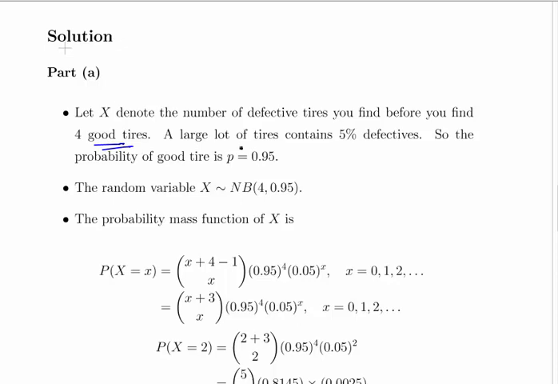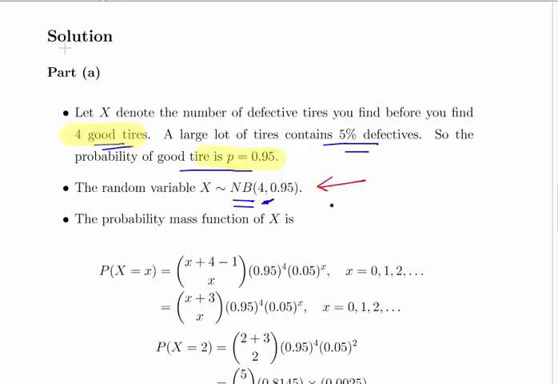A large lot contains 5% defective, so the probability of a good tire is 0.95. The random variable x is distributed as a negative binomial random variable where r is equal to 4, 4 good tires, and p is the probability of success, 0.95.